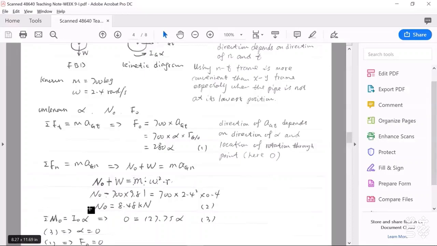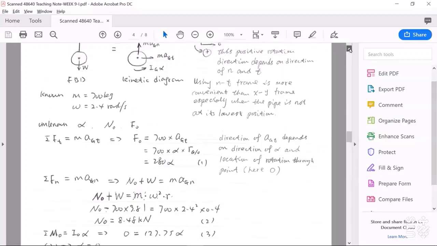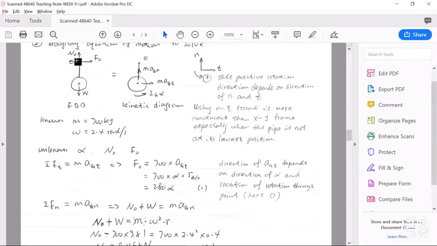The third equation is about the rotational component in this kinetic equation of motion, and this calculation can be about point O, the rotation center at this moment. At this moment, if we look at this free body diagram, we can see about point O, the moment of all external forces is zero because their moments are zero.